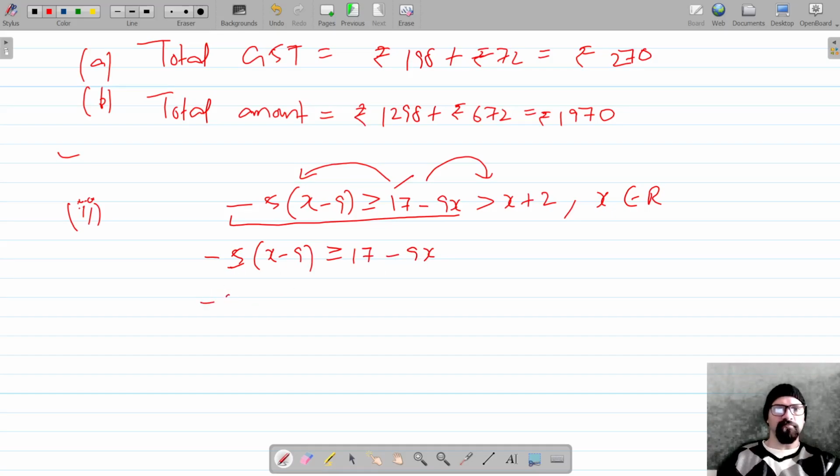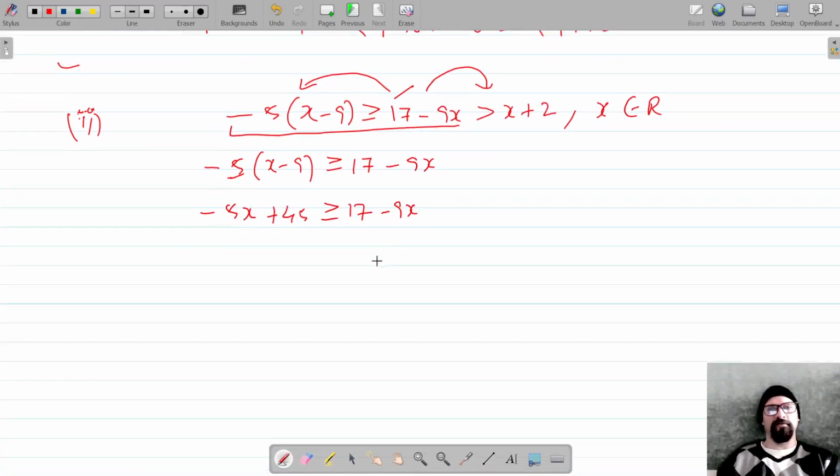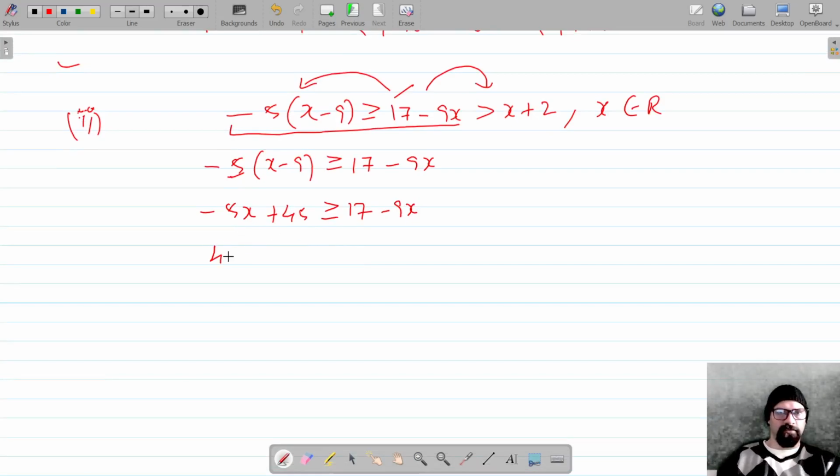So minus 5x plus 45 is greater than or equal to 17 minus 9x, and this is now 45 minus 17 is greater than or equal to minus 9x plus 5x, which is minus 4x. 45 minus 17 is 28.